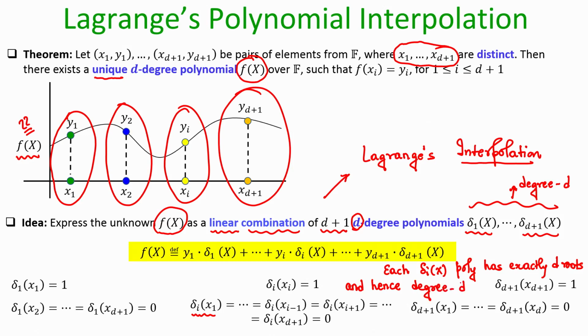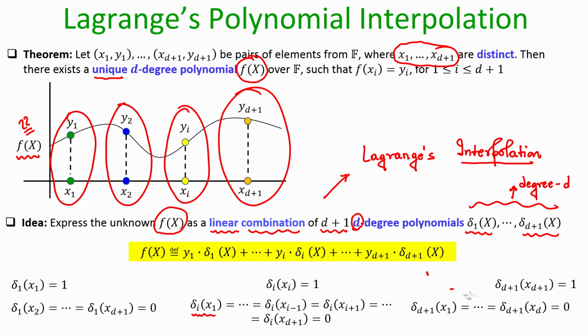I know that a degree d polynomial can have at most d roots, but since I have defined my delta I polynomials in such a way that each of them has indeed exactly d roots, that automatically ensures that each of my delta 1 polynomial, delta 2 polynomial, delta I polynomial, up to delta d plus 1th polynomial, has degree d.